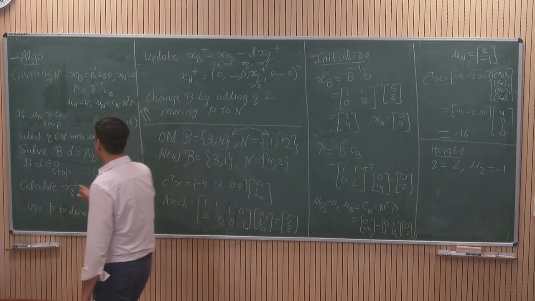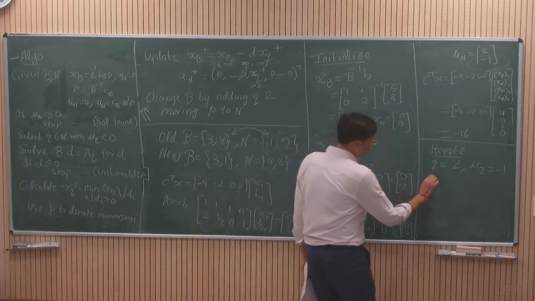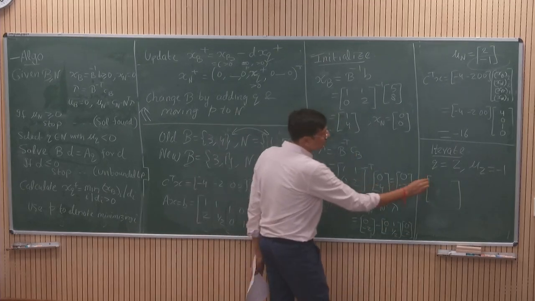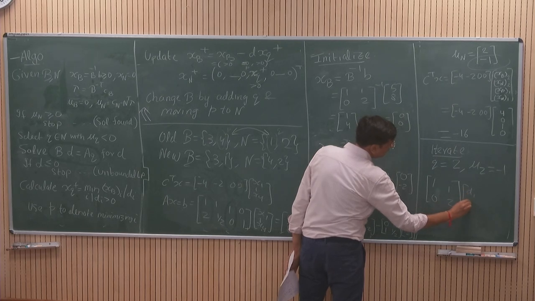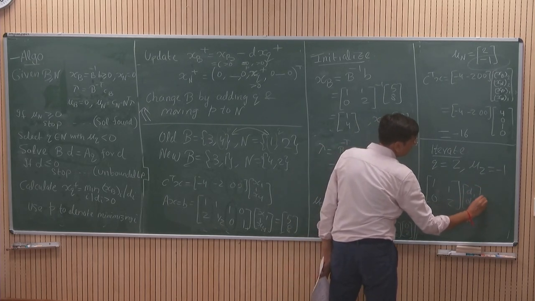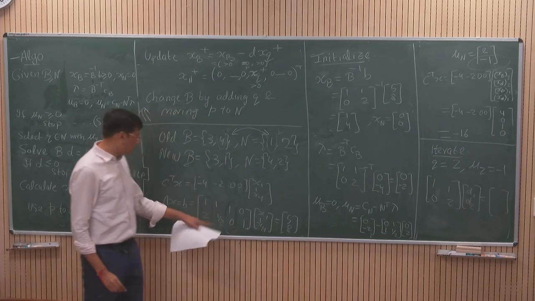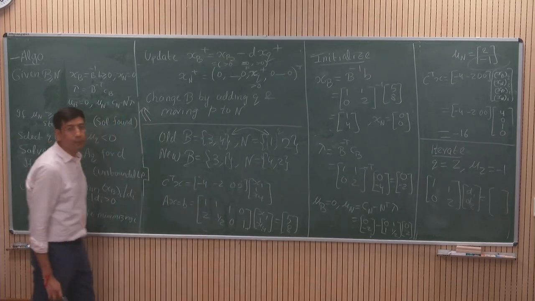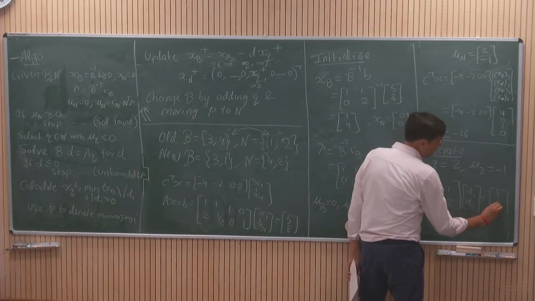The next step is solve for Bd is equal to aq. Now your B is, I've written it many times, 1 0 1 2, times d1 d2. aq is the second column of the A matrix, which is this guy, 1.5.